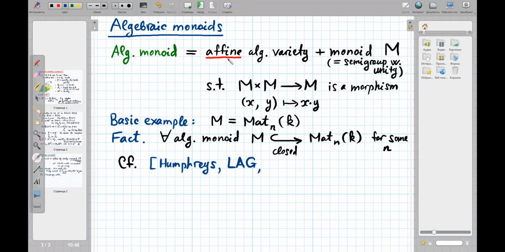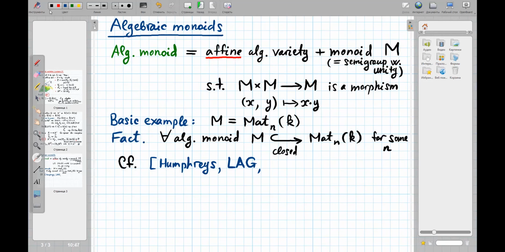If you remember, I defined an algebraic group to be just affine, not linear, just affine. But affine implies linear. This is the respective fact for algebraic groups. Affine implies linear. And the same fact holds for algebraic monoids. So you may say that any affine algebraic monoid is linear. I remember that. Okay, I see.